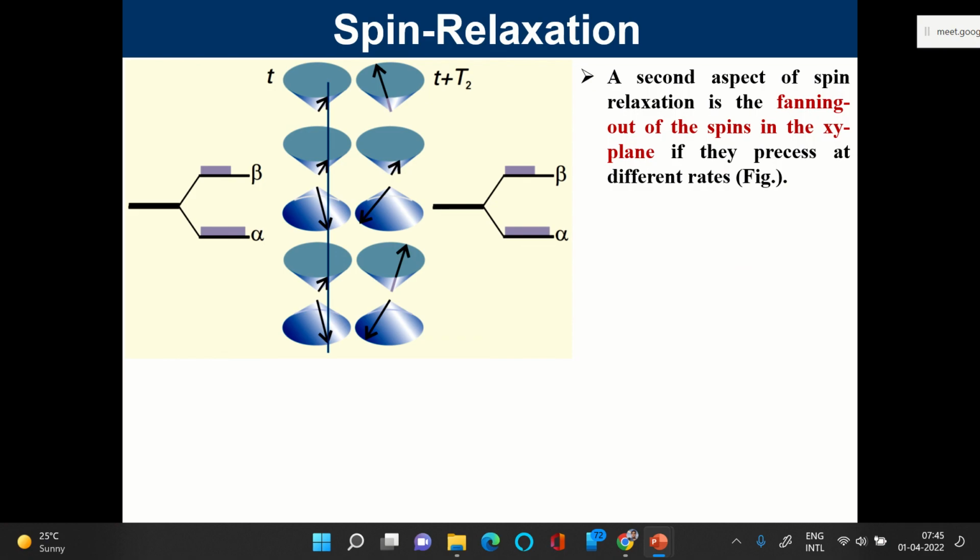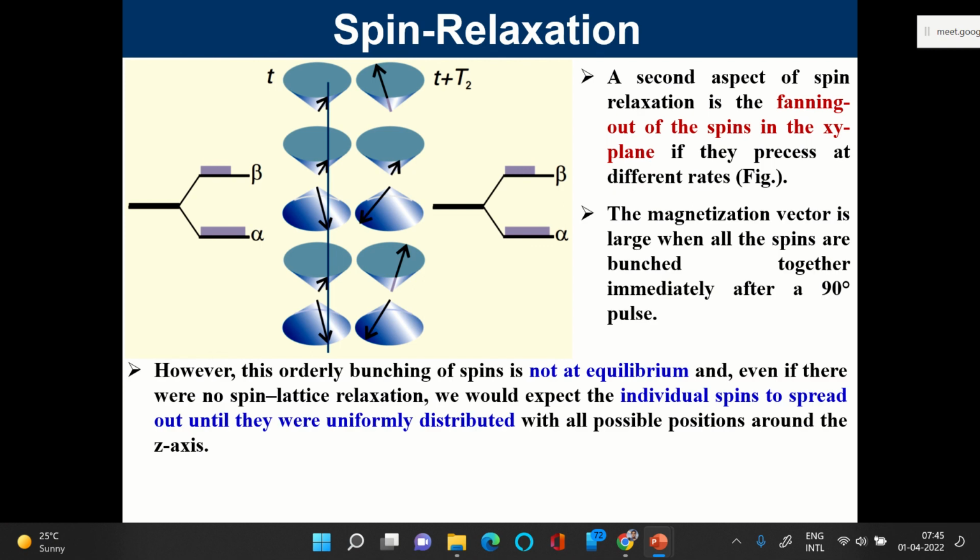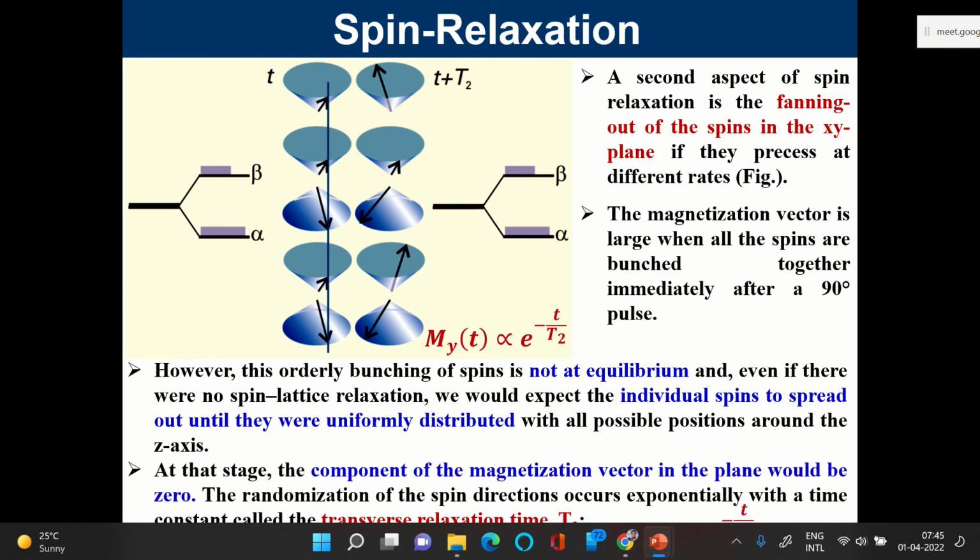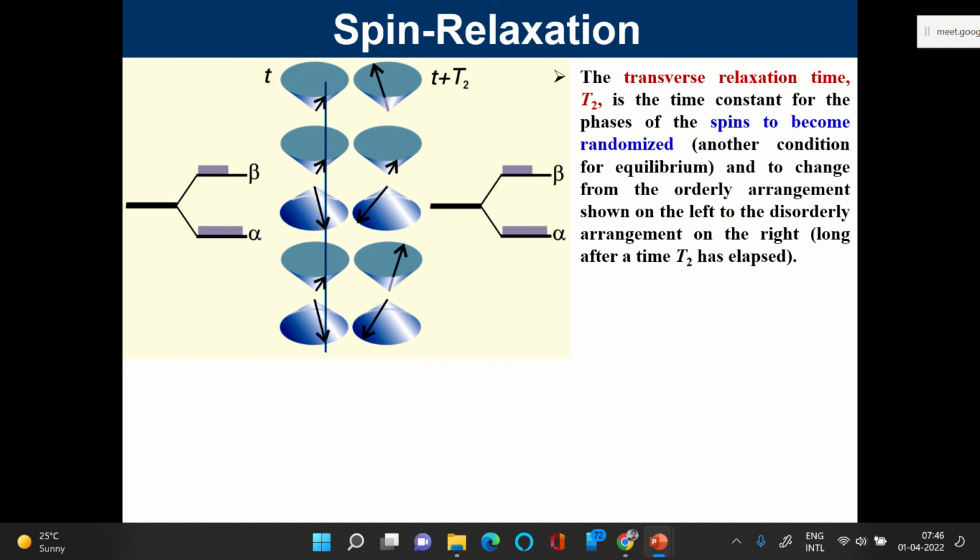That was the spin that we were talking about. So, bunching of spins. Transverse relaxation time is the time taken to randomize the spins.